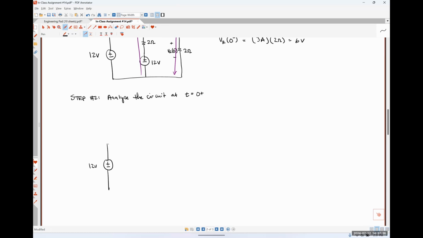So we've got a 12-volt source. Here we have a 2 ohm resistor in series with a 12-volt source. Here is our 4 ohm resistor. Here's another 2 ohm resistor. This is VR at 0 plus. What should I do with my inductor?